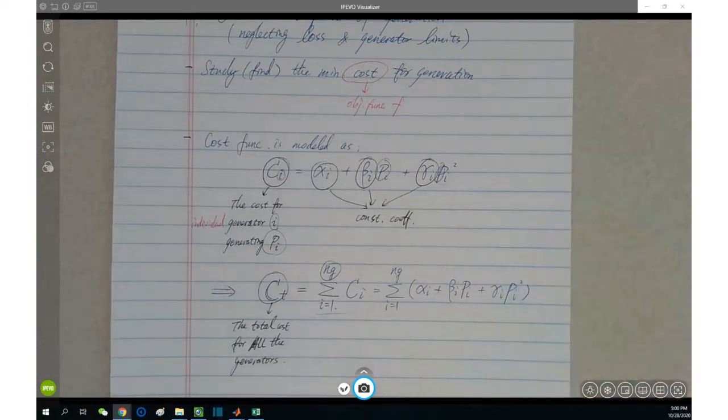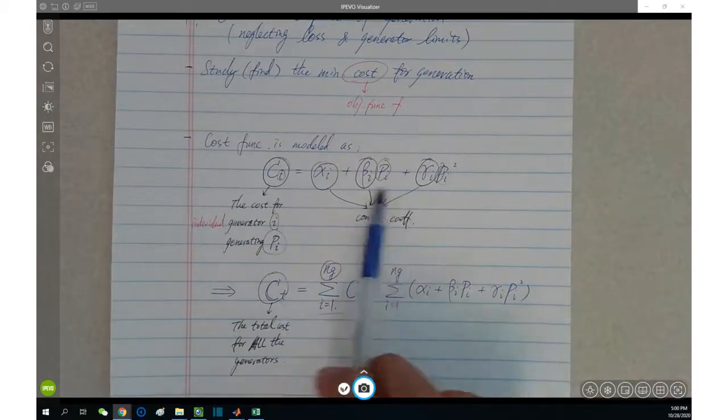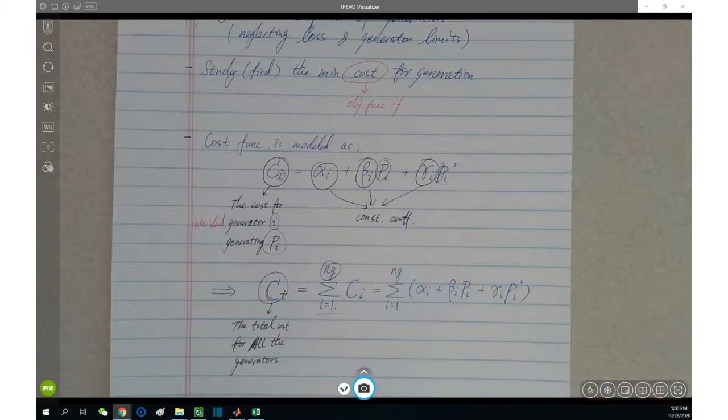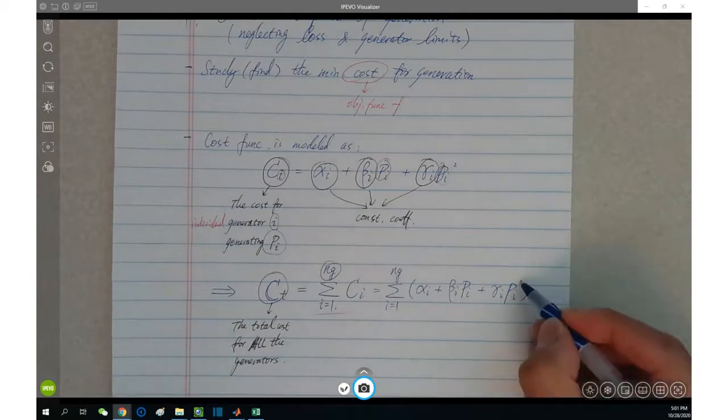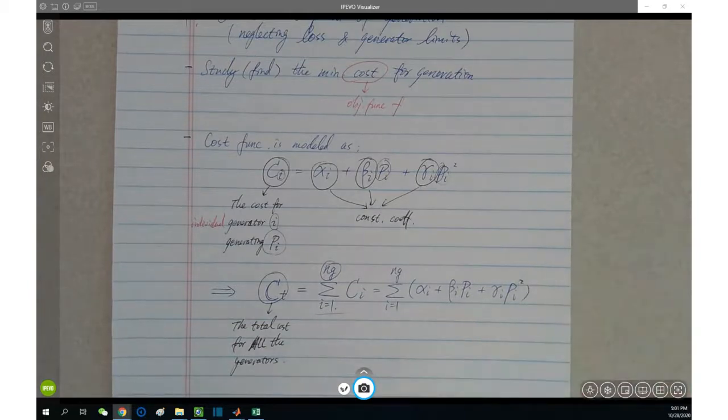This just substitutes Ci with the function up here, for an individual generator. This is the cost function. We can leave it here. We're trying to minimize this, obviously.